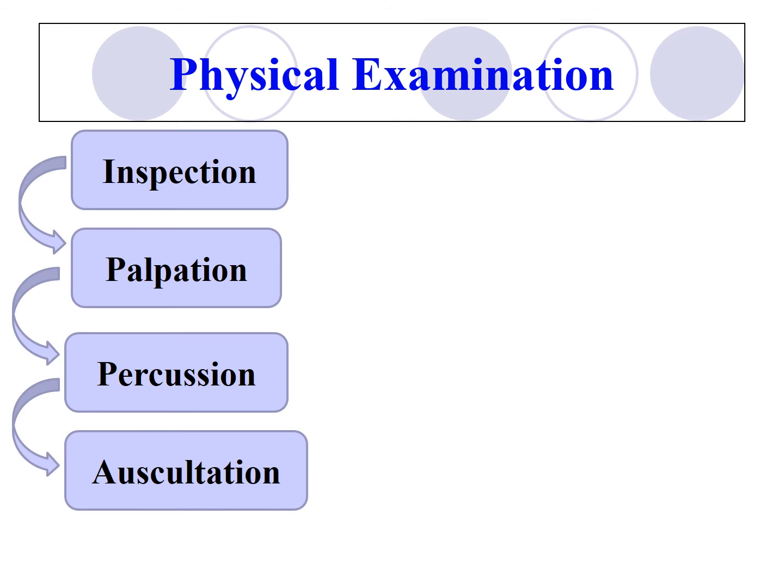We inspect also the rhythm of breathing, any abnormality within the chest, and whether there is a retraction of the intercostal muscle. All of those things we have to inspect while we are assessing the respiration.